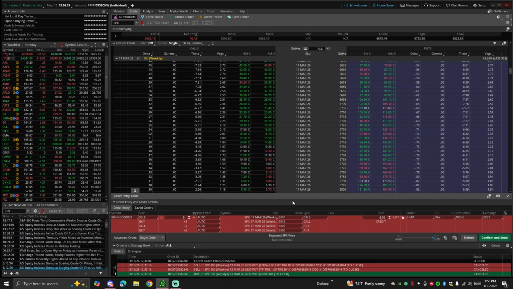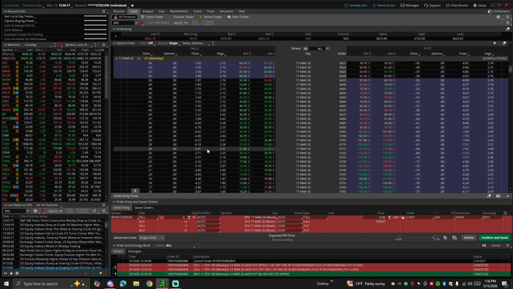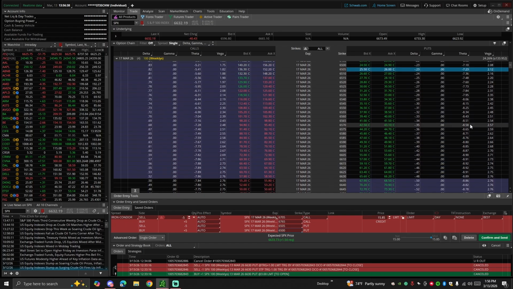For this example, the 30 delta would be 705. Sell the 705, buy the 765, and then for the put side, 30 delta.